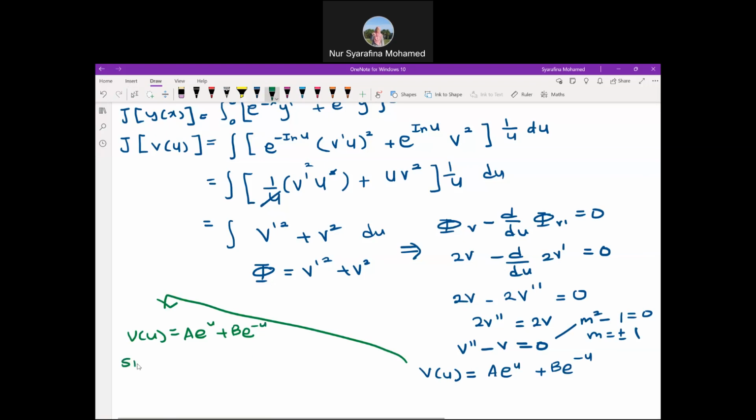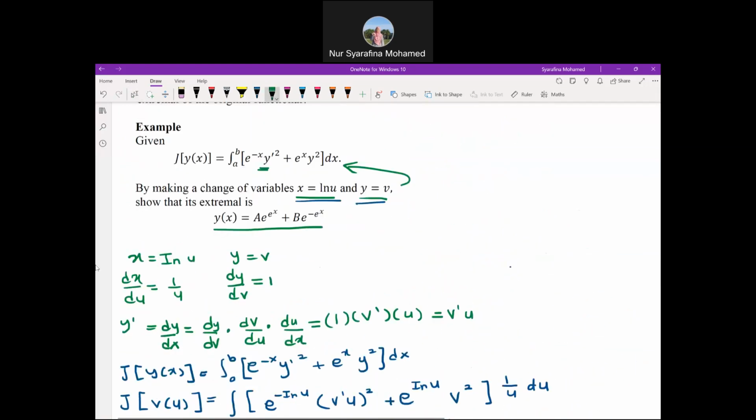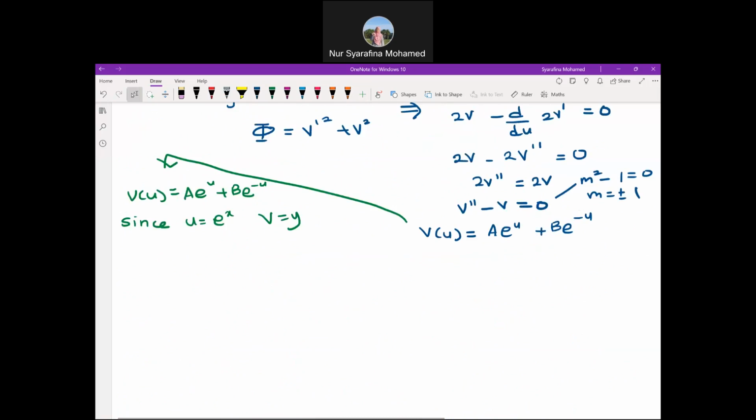Since u equals e^x and v equals y, where does this come from? The original problem. When x equals ln u, then u equals e to the power of x. When y equals v, also v equals y. So we use this and substitute again.